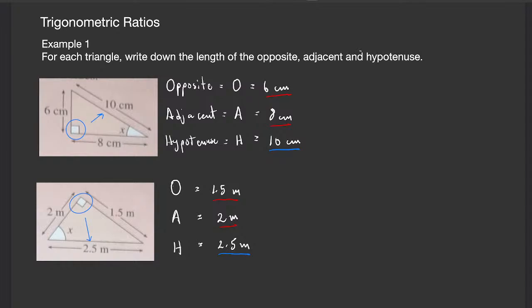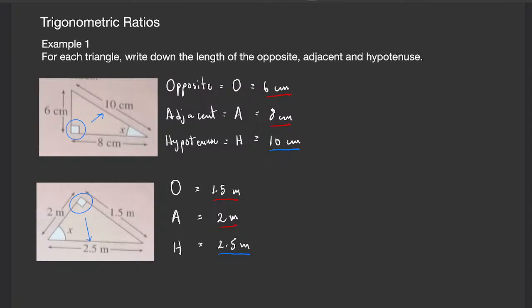So for example 1, they wanted us to identify for each triangle, write down the length of the opposite, adjacent, and hypotenuse, and we're able to do that for each, right? Now before we move on, let's talk a little bit about trig ratios.